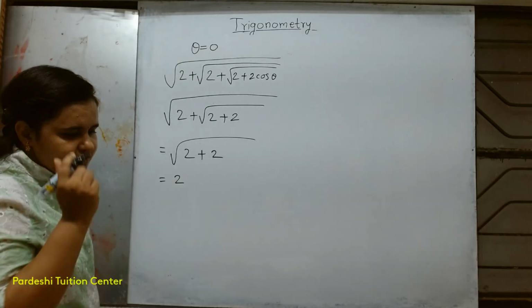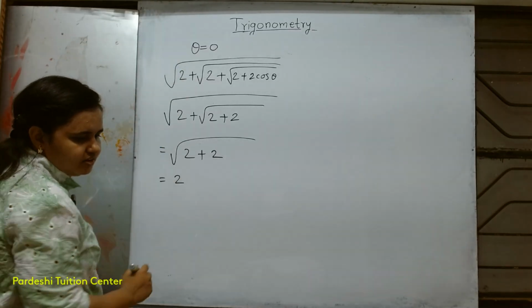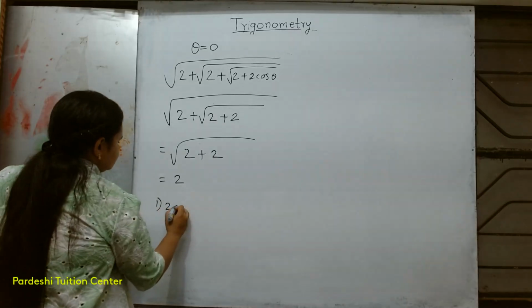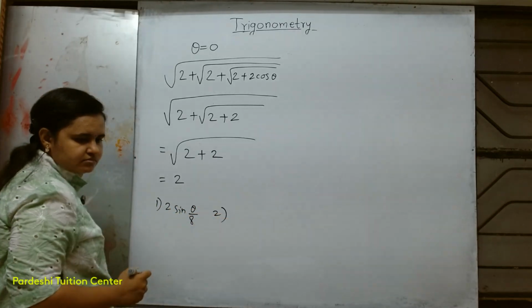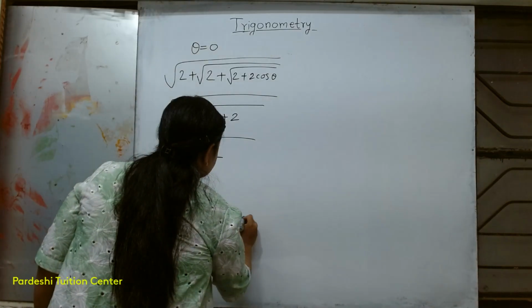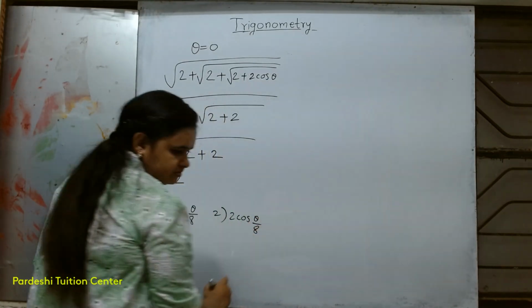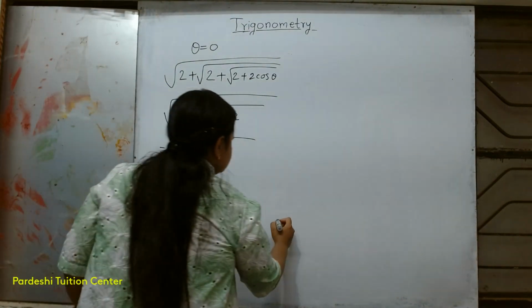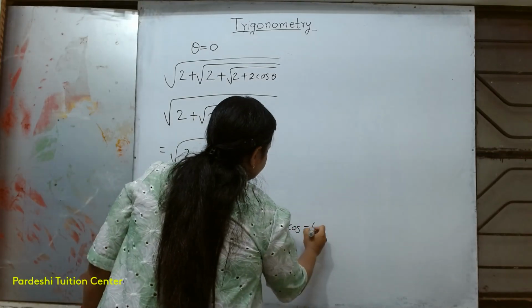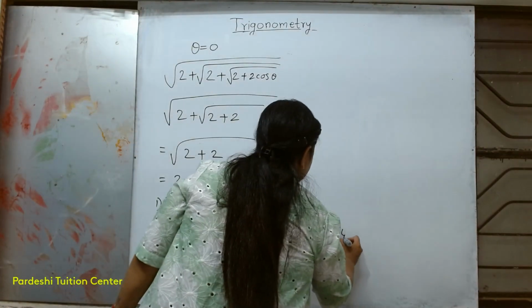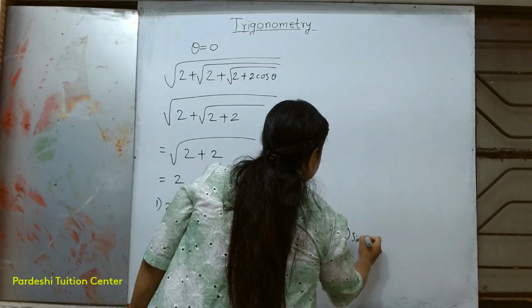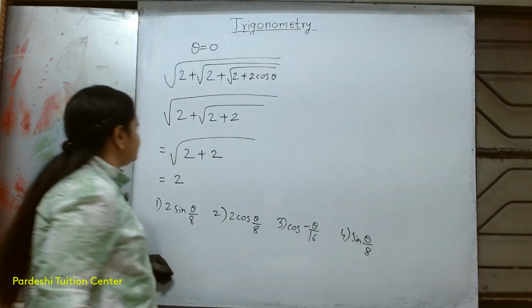Now we will put theta as 0 in the options. The options are 2 sin theta by 8, 2 cos theta by 8, cos of minus theta by 16, and sin theta by 8.